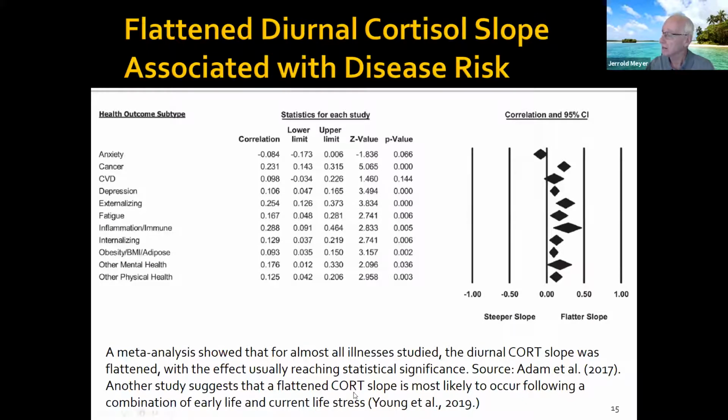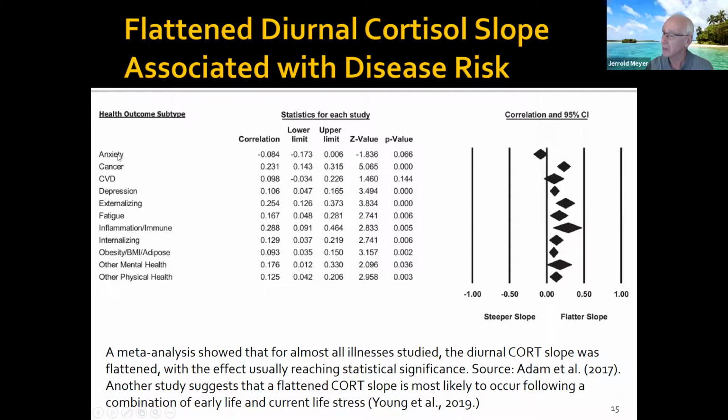So here's a relatively recent study that I like. There are 2 studies here. The data is actually here, and then a subsequent study I mentioned here. This was a meta-analysis looking at a bunch of different illnesses and disorders listed here. Here's the lower limit. This is the correlation between the waking value and the later value as a way of measuring the slope, and then calculating z-values.